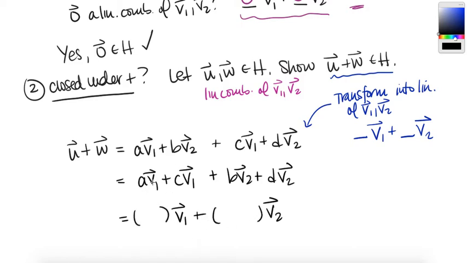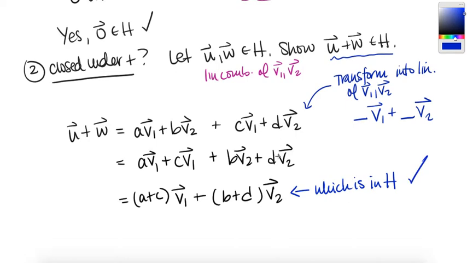Basically we're just taking the v1 and factoring it out, or kind of undistributing it. So a plus c is left here, b plus d is left there, and based on the structure of a vector space, we're allowed to do that. And then this is in that span, right? Span is all linear combinations that fit this bill: scalar times v1, scalar times v2. That fits the bill, so it's in H. We're good to go.